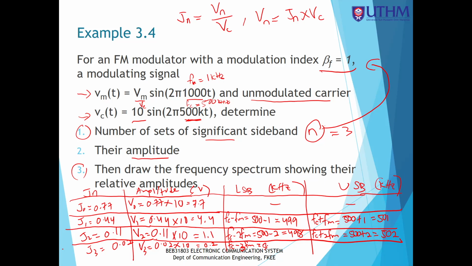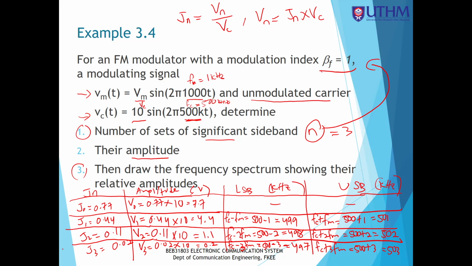So 500k minus 3k, you get 497 kilohertz. And the upper sideband is Fc plus 3Fm, which is 500k plus 3k, so 503 kilohertz.